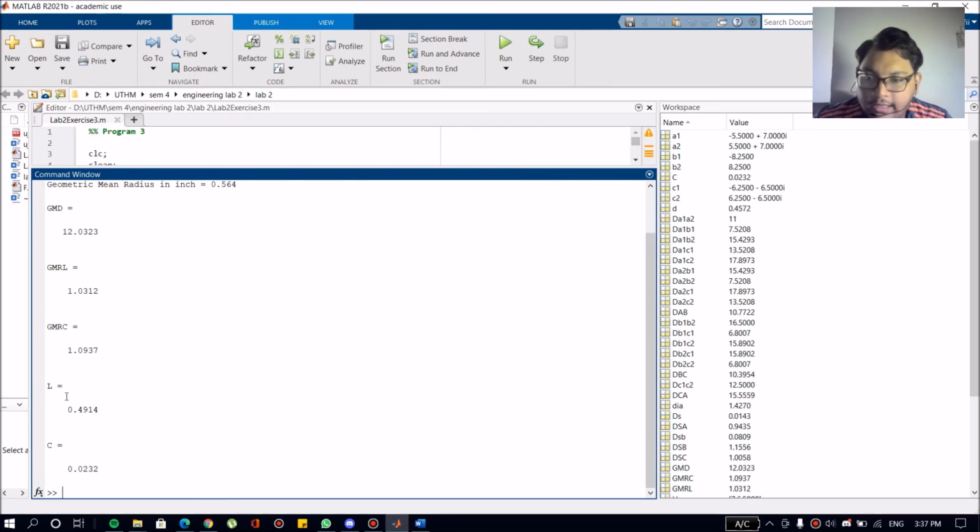My L value, or inductance value, is 0.4914, and my C value, or capacitance value, is 0.0232. So that is all the simulation for this exercise 3. That is all from me.